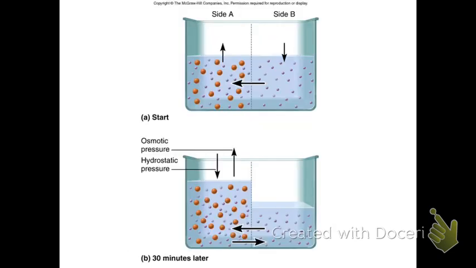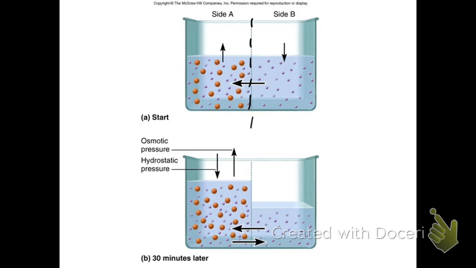So let's look at this in a diagram. We're back to a beaker. The beaker has, as you can see, a dividing line. There's a membrane here of some sort. But what's important here is to realize that this membrane is not permeable to the orange solute molecules. This membrane is permeable to water.